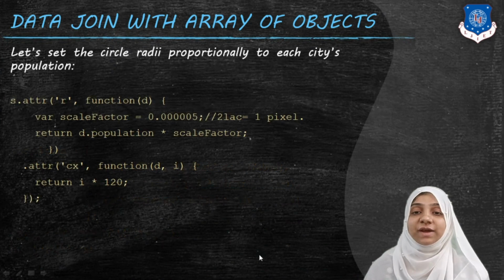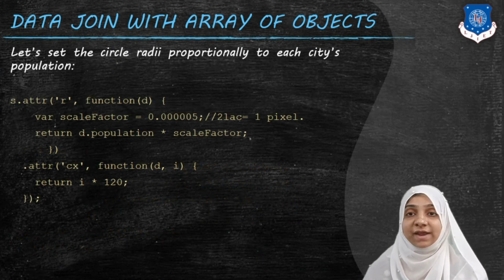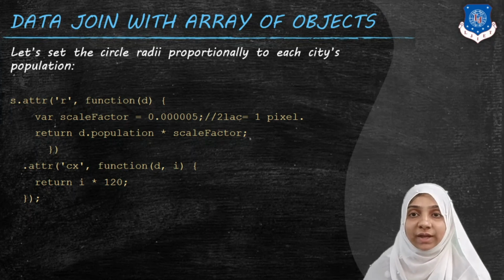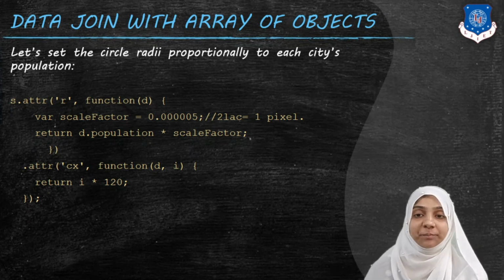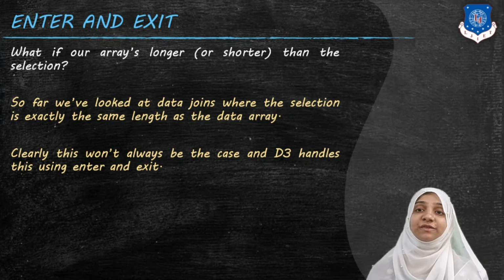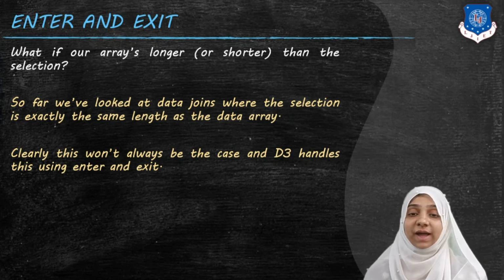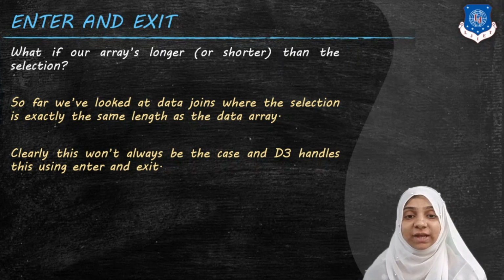So this is how we have combined our array of objects with the elements of SVG using data join. Now we must consider when our array objects are not equal to our SVG elements.